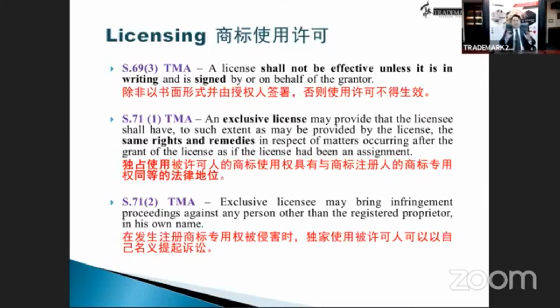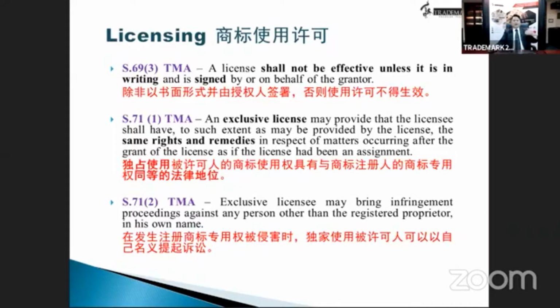So what is an exclusive licensee? Sections 71 and 72 deal with the exclusive license. The difference between exclusive and non-exclusive license is that an exclusive licensee may bring an infringement proceeding against any third party, other than the registered owner, in the name of the registered owner.